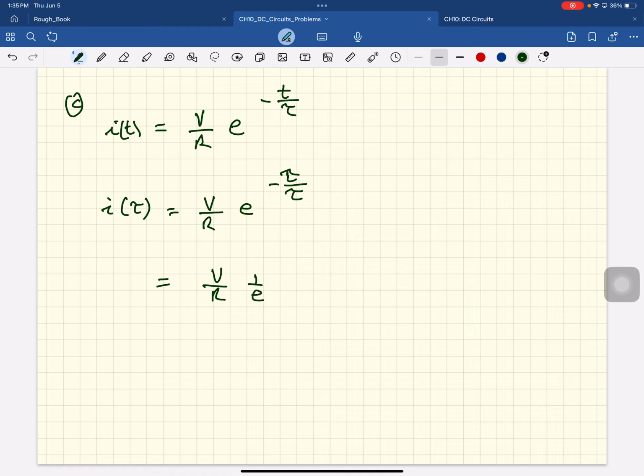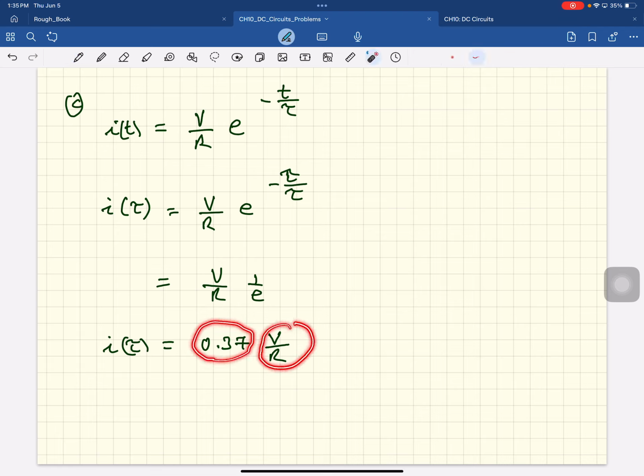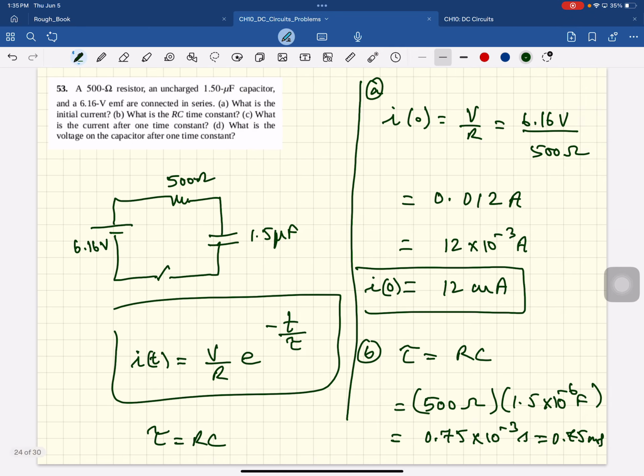Let's figure out 1 over e. So you see it's dropped to 37% of the initial value. And the initial value we found earlier was 12 milliamps.